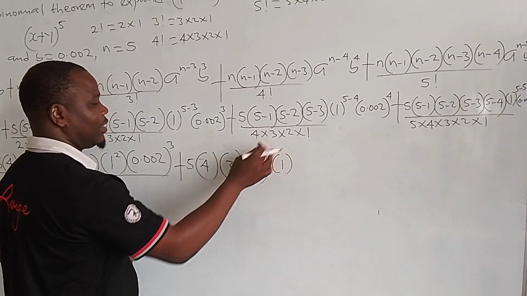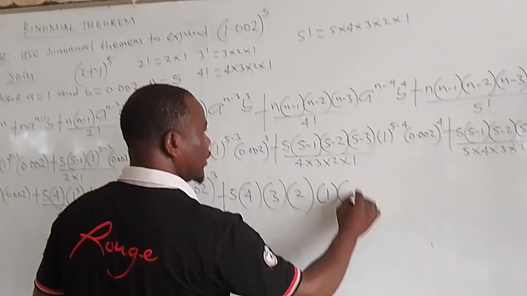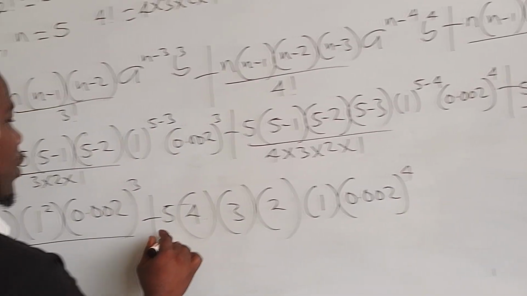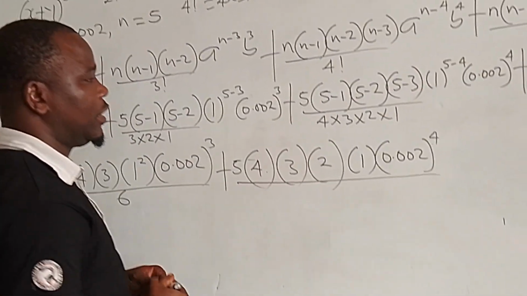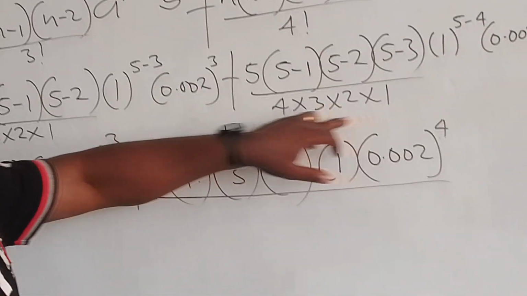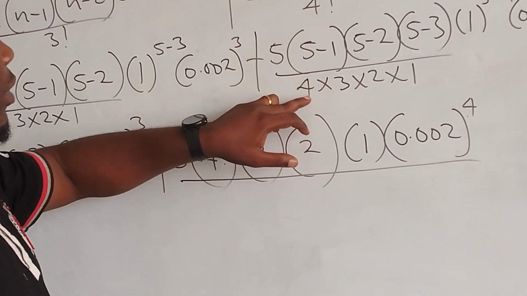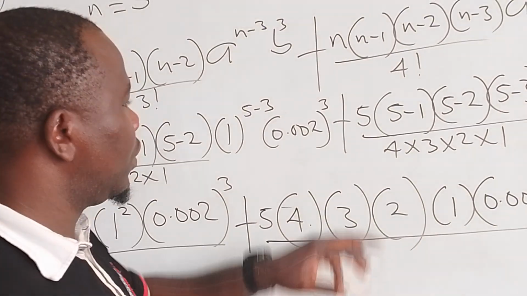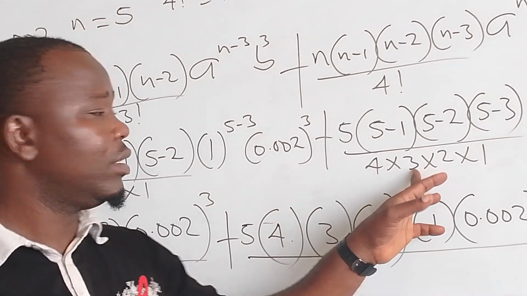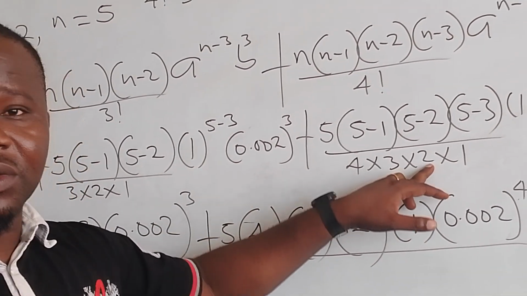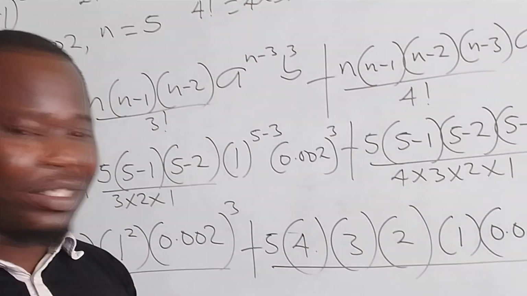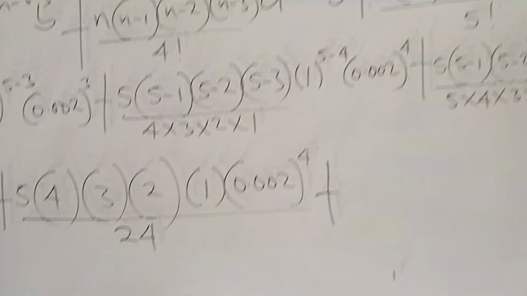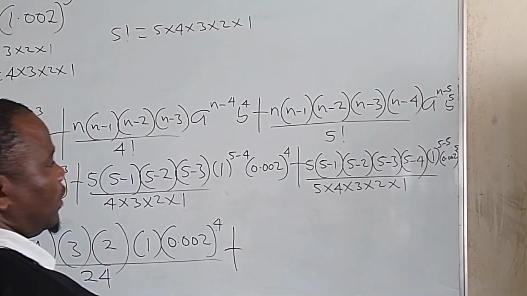Then times 0.002 raised to the power of 4, all over, don't forget the factorial which is here. 4 factorial will give us 4 times 3 times 2 times 1. Are you following? So 4 times 3 will give us 12, isn't it? Then 12 times 2 will give us 24, times 1 is the same 24.